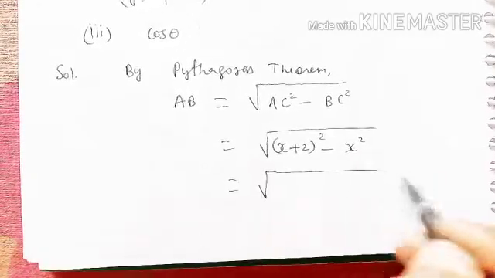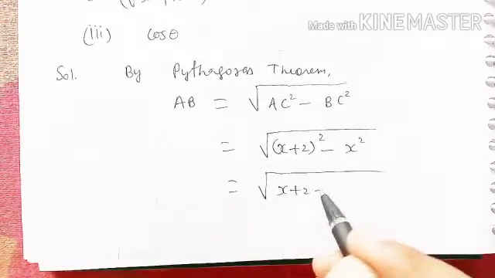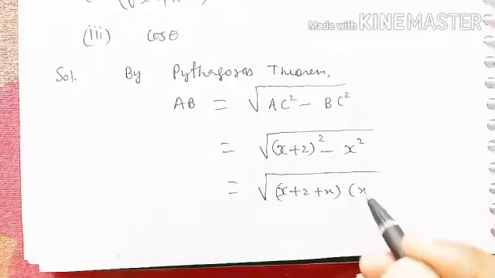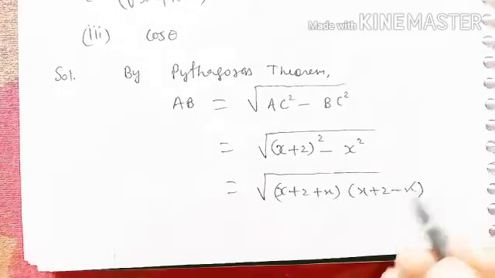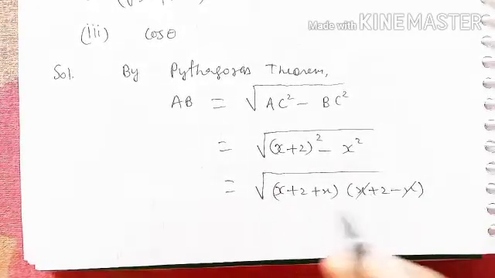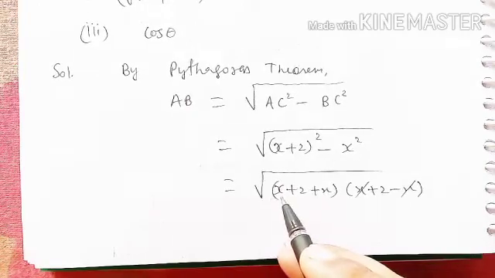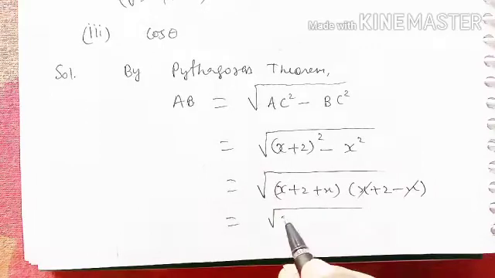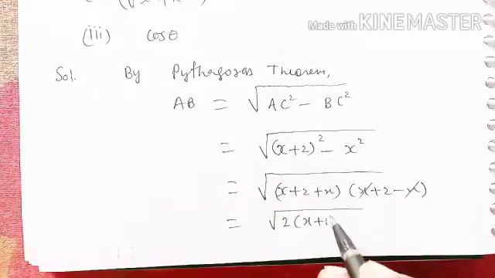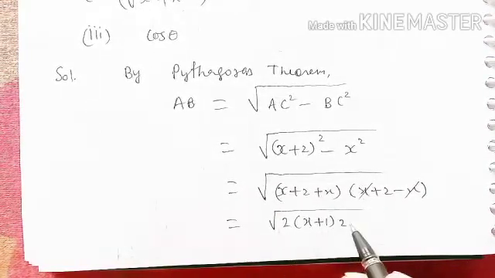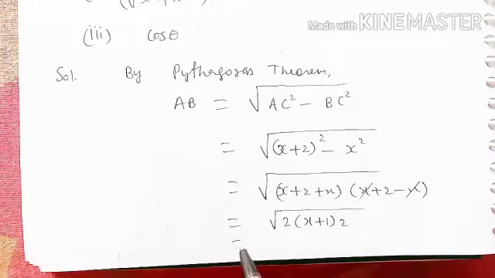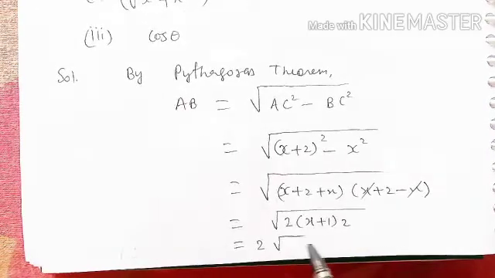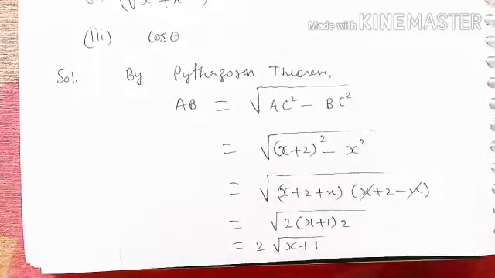Now using A plus B into A minus B, here 2x plus 2 occurs, so we can take common 2. So x plus 1, here 2. So from these we can take 2 outside. This is our AB.